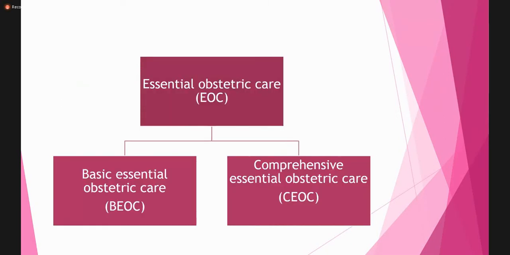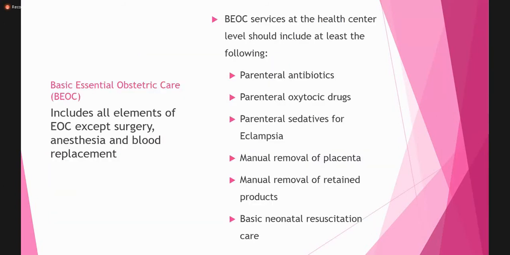Essential obstetric care consists of basic essential obstetric care and comprehensive essential obstetric care. So here we divide essential obstetric care into basic and comprehensive, and we will see what is dealt with in basic. The basic essential obstetric care includes all elements of essential obstetric care except surgery, anesthesia, and blood replacement, because that needs more expertise.